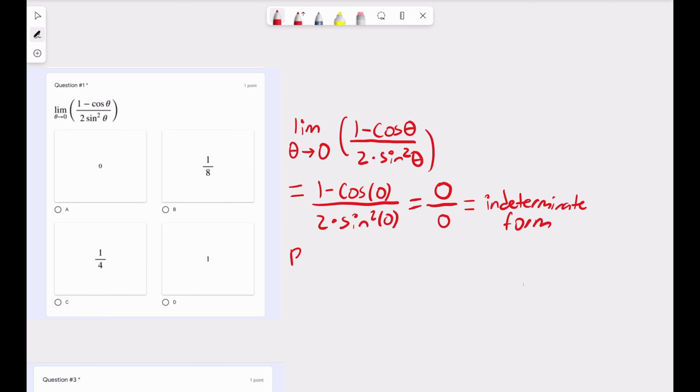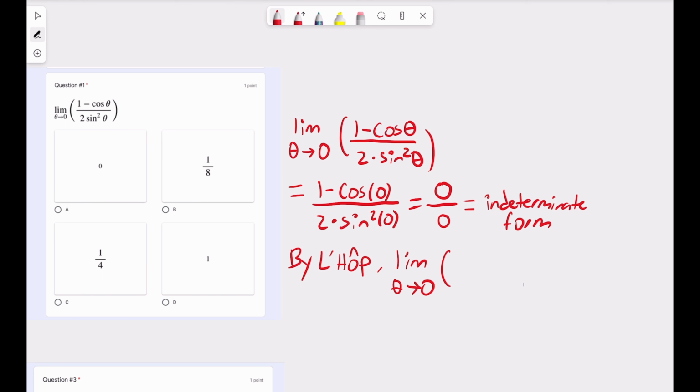So we're going to say, by L'Hopital's rule, we need to take the derivative of the numerator and the denominator, but we have to do it separately. So don't use the quotient rule, that's not what L'Hopital's rule is. So we would say the limit as theta approaches 0, right?